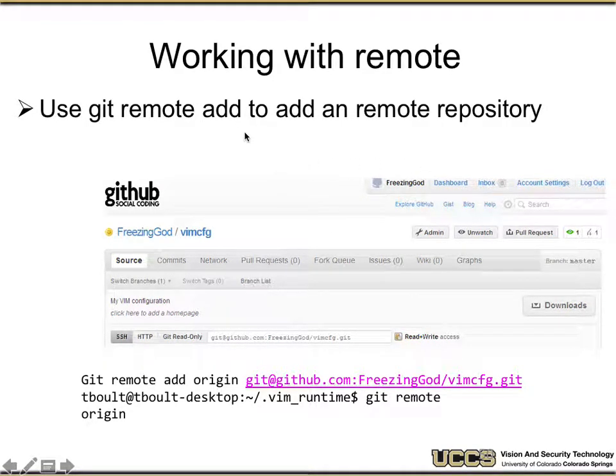Okay, so to go through adding a remote repository in Git, there's two ways of doing it. I'm going to show you on the command line how I connect to something, and then I'll show you how to create it on the GitHub side. So on the command line, I'm going to say git remote add origin and then the name of something.